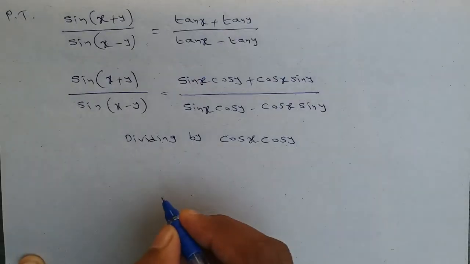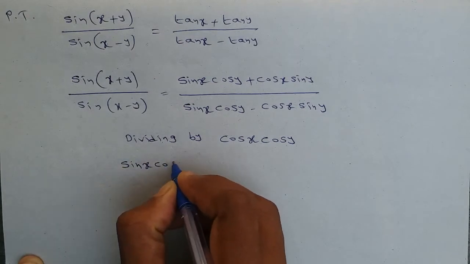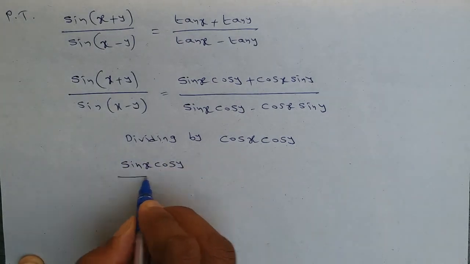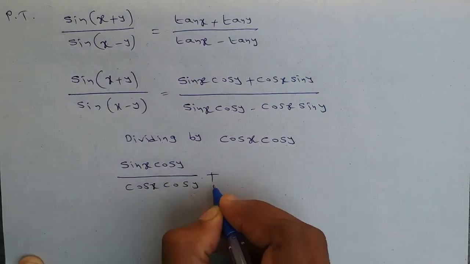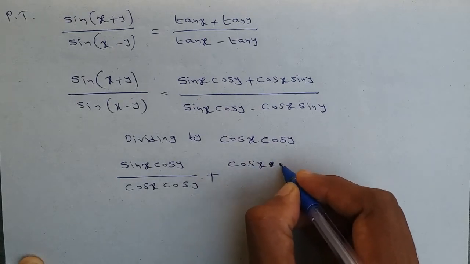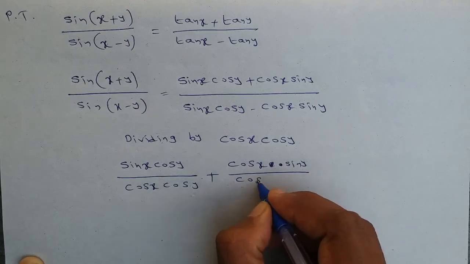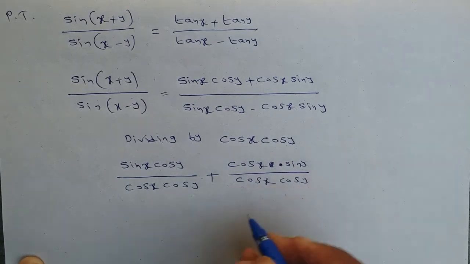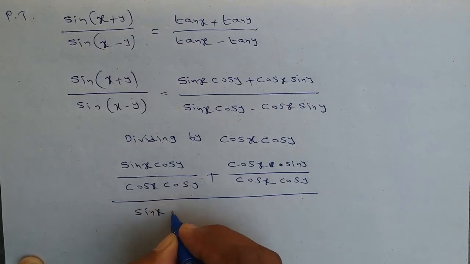So let us check now. The first term is sin x cos y. I am dividing that by cos x cos y, plus the second term is cos x sin y. Again I am dividing this by cos x cos y, whole divided by sin x cos y.